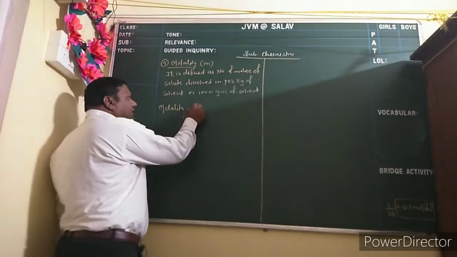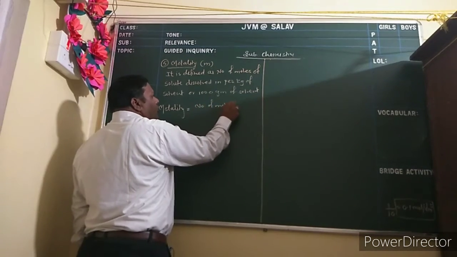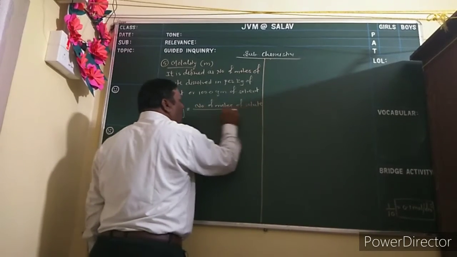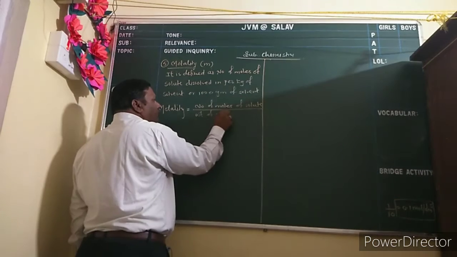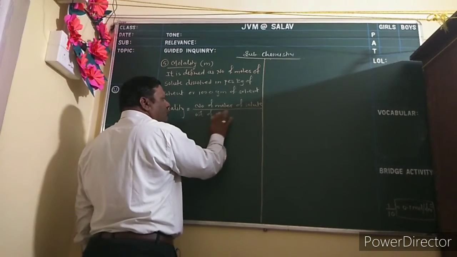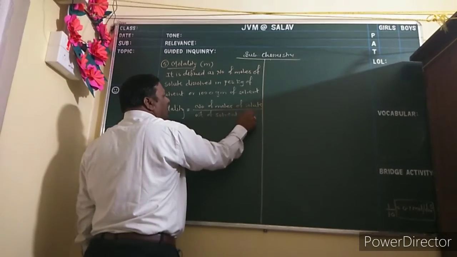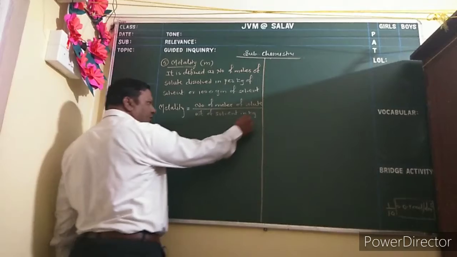Mathematically it says number of moles of solute upon weight of solvent in kg or 1000 grams.